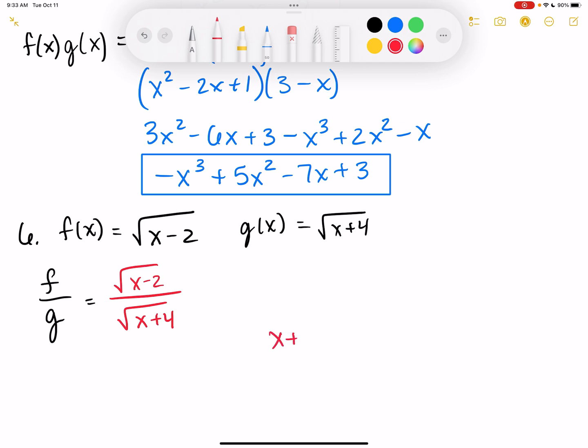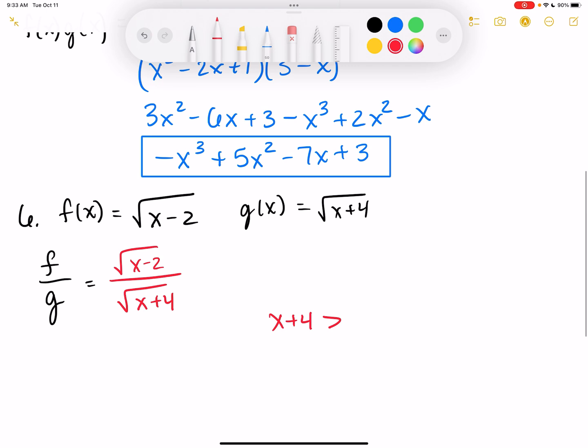So x plus 4. Going back to what you said, the denominator can't be 0, so it just has to be greater than for this one. What does that mean? x is greater than negative 4. And because I can't have a negative under the radical, what also needs to be true with the top?